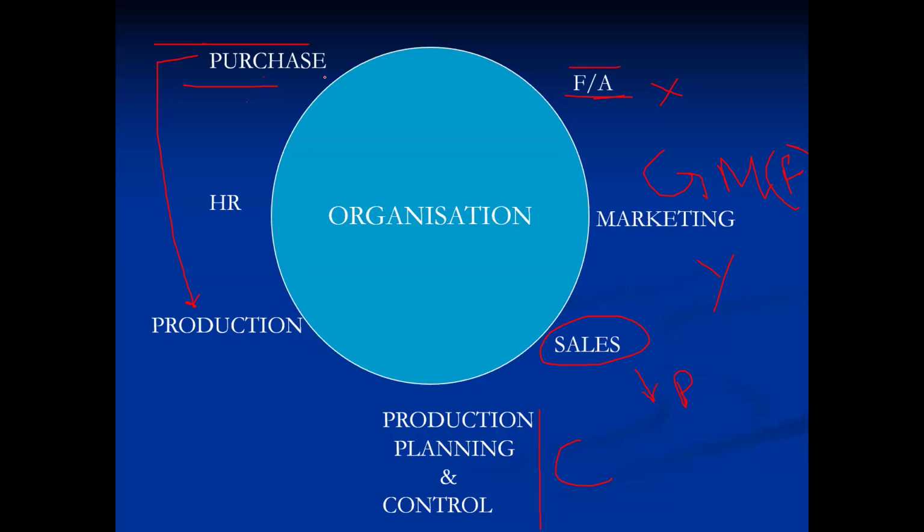Again, that same invoice is sent to the accounts department, wherein it is recorded in terms of financial values. That means we have to post accounting entries in the accounts department. So here, one purchase invoice is posted 2 times in 2 departments. Once in the purchase department in terms of quantities, again in the accounts department in terms of values.